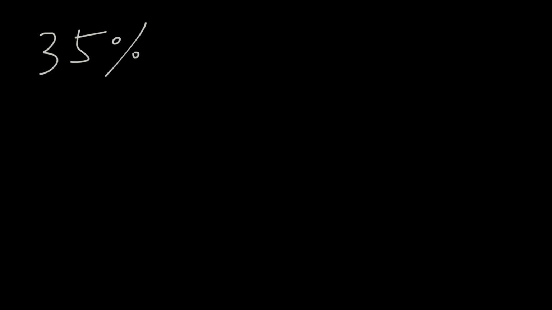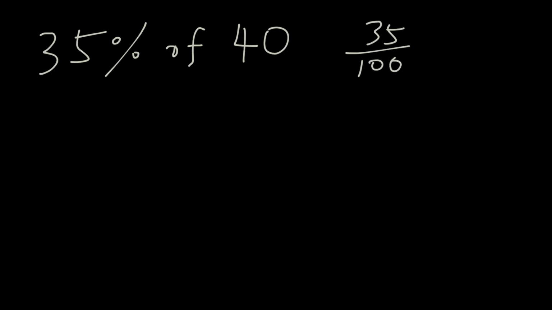35% of 40. How do you write 35% in fraction format? 35% is 35 over 100, because the percent sign means that it's out of 100. So therefore, 35% is 35 over 100.